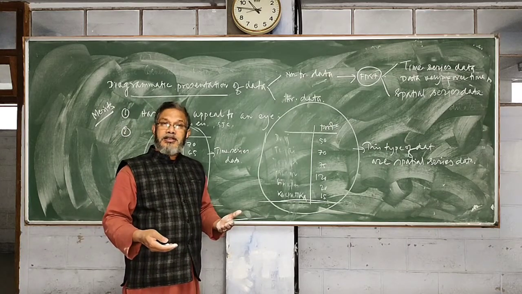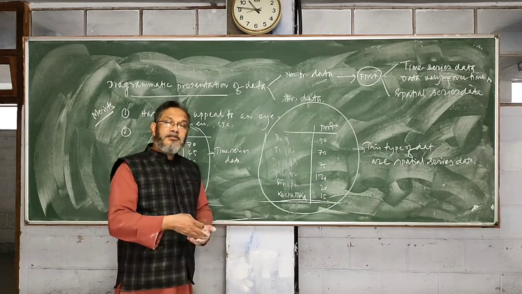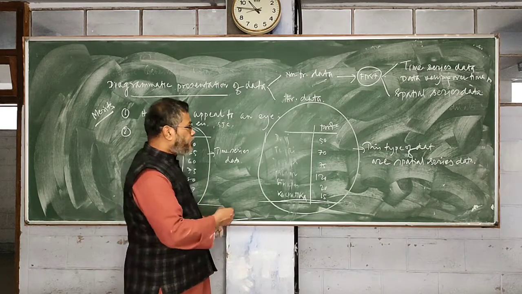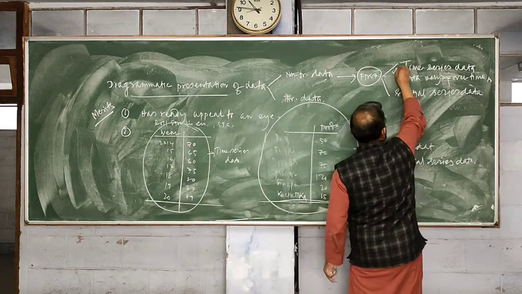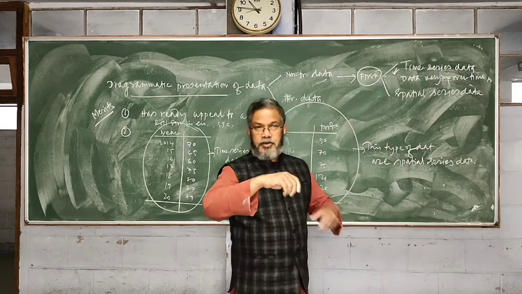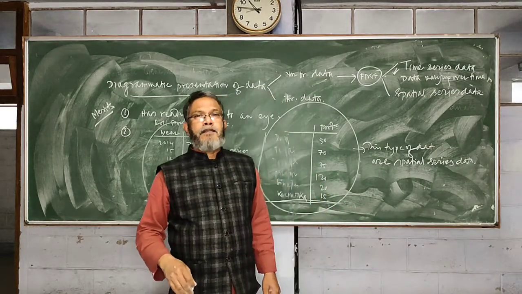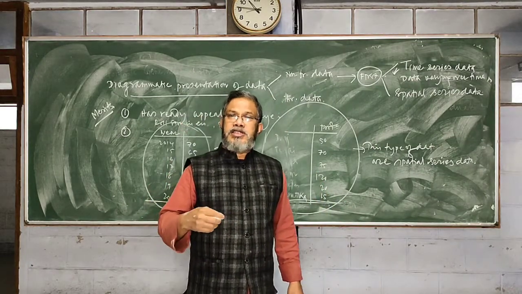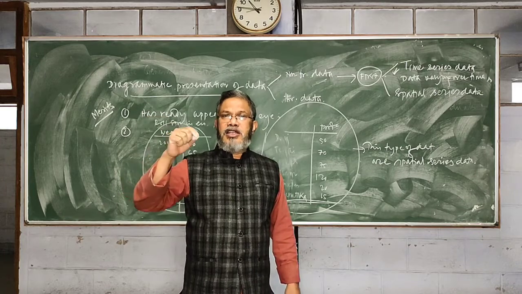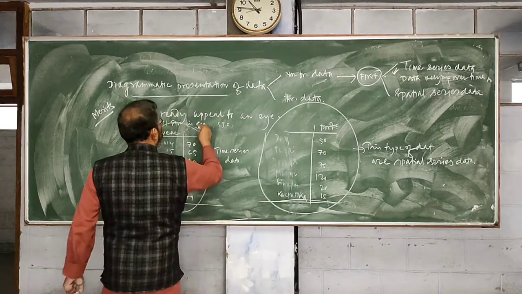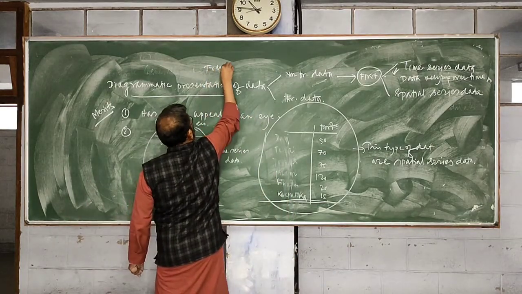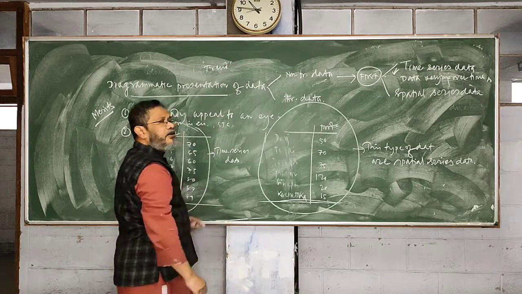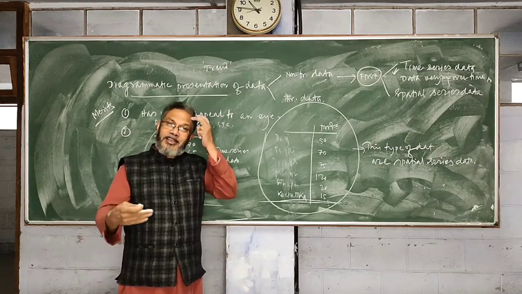Not only that, diagrammatic presentation, especially when time series data is present, over time when we present the data, we can see the trend, T-R-E-N-D, trend. Trend means what is happening on the average.